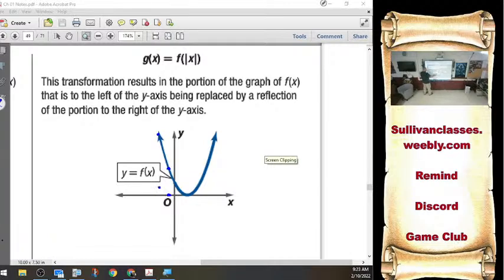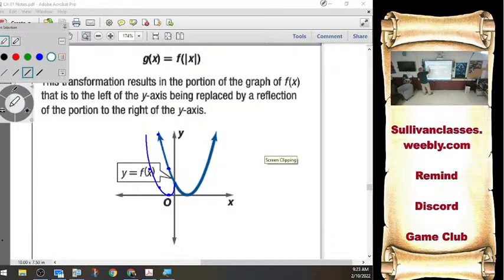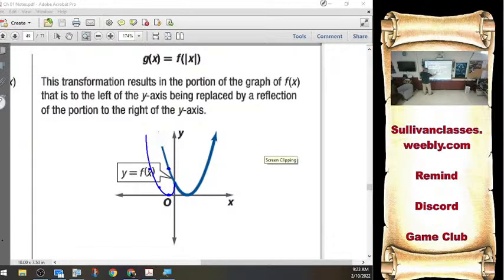If I put in -3, I'm not getting this. I'm getting this. So everything that was on the right is going to overtake what's on the left. Everything that was on the right overwrites what is on the left.